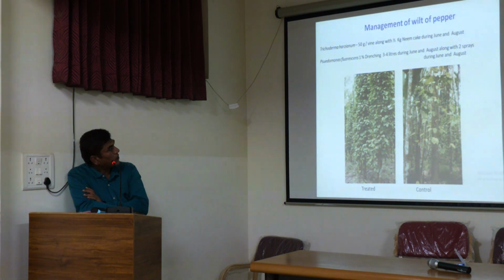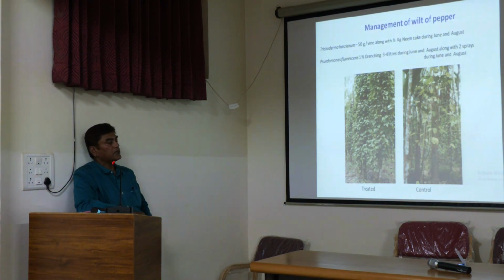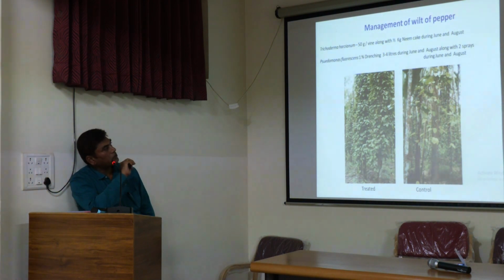And Pseudomonas fluorescens 1% drenching, 3-4 liters per vine during June and August, along with 2 sprays during June and August. That is giving very good control in case of wilt of pepper.